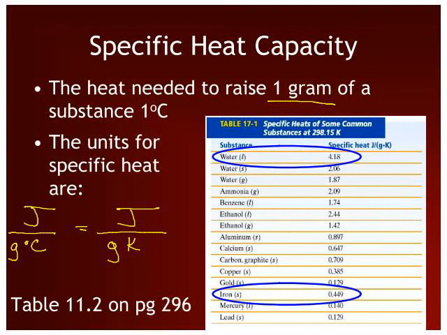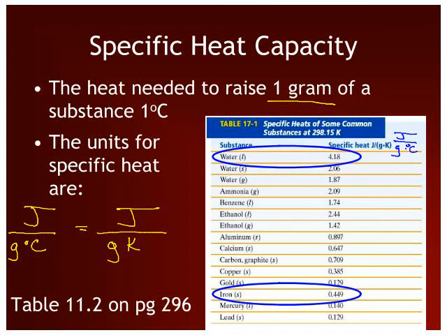For this table here at the right, all of these are the same as saying joules over grams degrees Celsius, because right now Celsius and Kelvin are equivalent in these problems. So if you take a look at the table on the right, you have specific heats of common substances at a given temperature, and that temperature is considered to be room temperature.